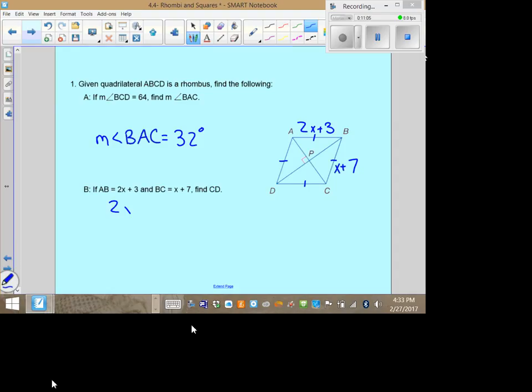We can set 2x plus 3 equal to x plus 7, and we get x to be 4. Plugging that back into one of our sides, let's plug it into x plus 7. We get 4 plus 7 equals 11. So the sides are equal to 11. So side CD equals 11.